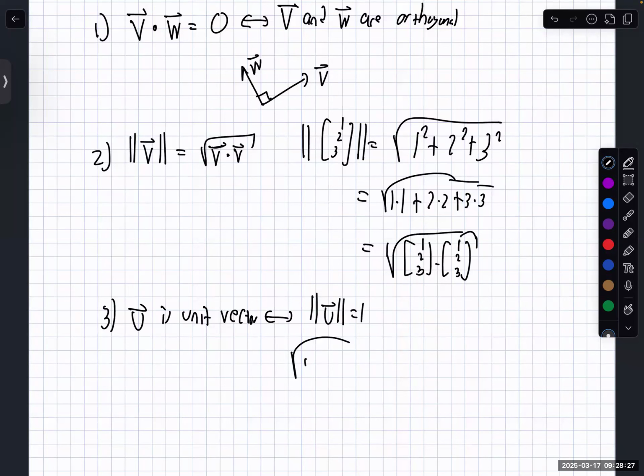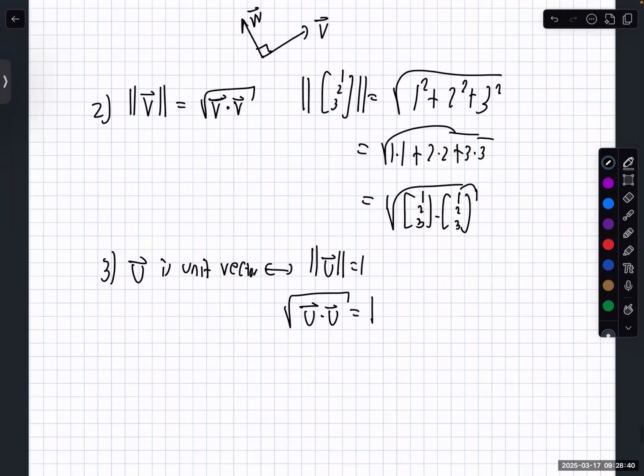And from fact number 2, we can calculate the magnitude with the square root of a dot product. And if the square root is 1, then the original, what we took the square root of, has to be 1.